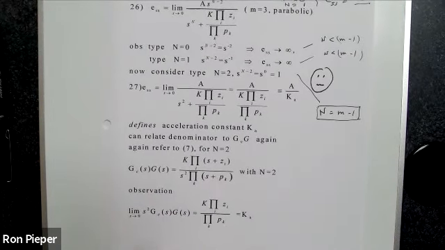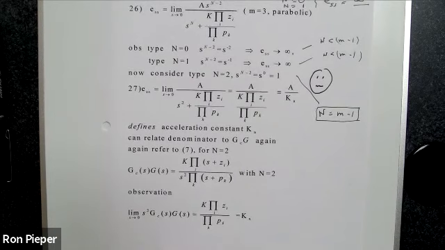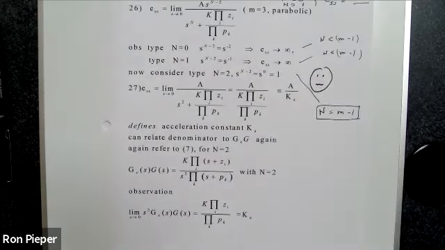Now, just like before, where we had the constant for position and the constant for velocity, this one is called the acceleration constant.